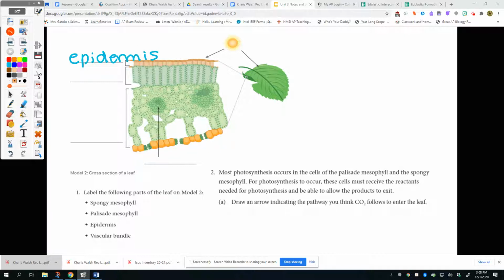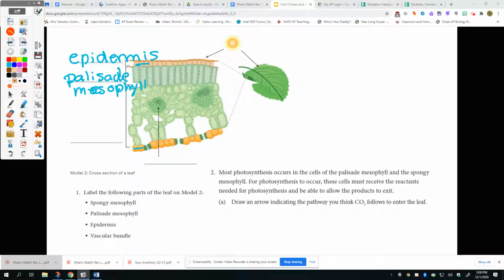Then we have the palisade mesophyll. Now meso means middle, so the palisade mesophyll is in the middle. It's between two layers of epidermis. The description of the palisade mesophyll says the layer of cells is located near the top of the leaf and is characterized by tightly packed photosynthetic cells.